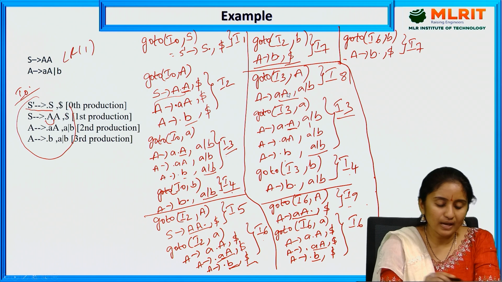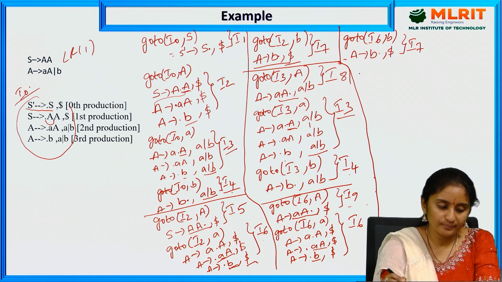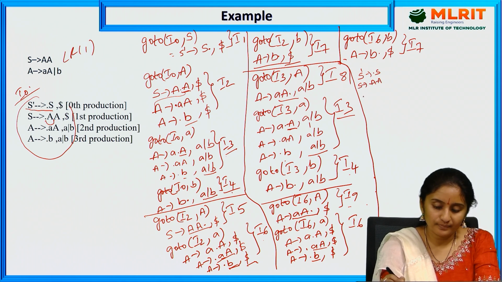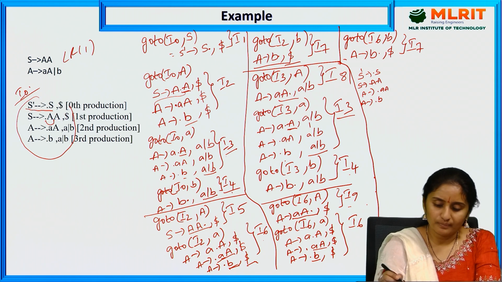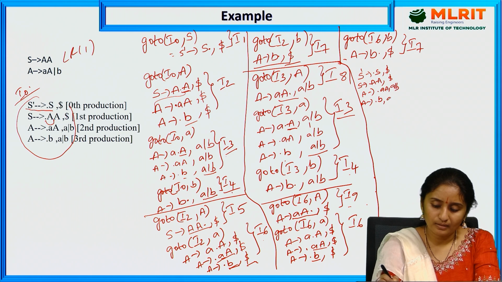So what are the I naught productions we have? S dash tends to dot S, S tends to dot A A, A tends to dot A, A tends to dot B, comma dollar, comma dollar, comma A by B, comma A by B. This is I naught.